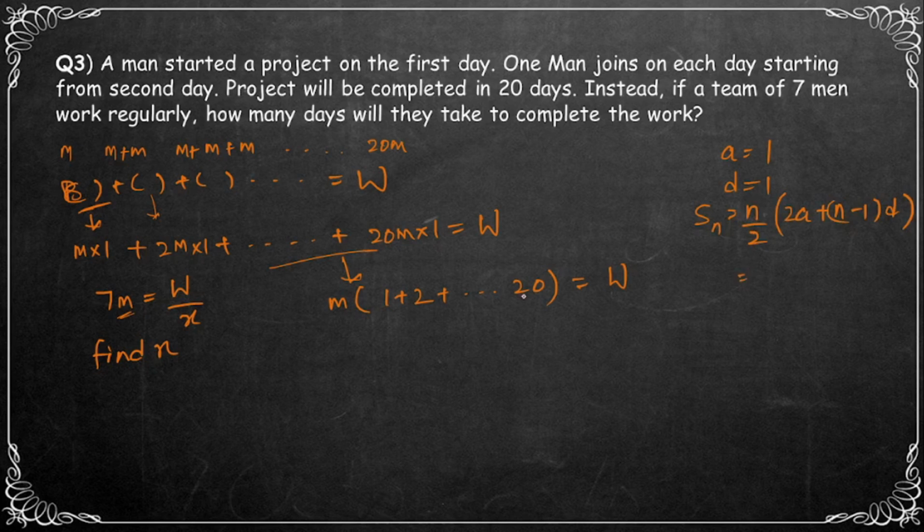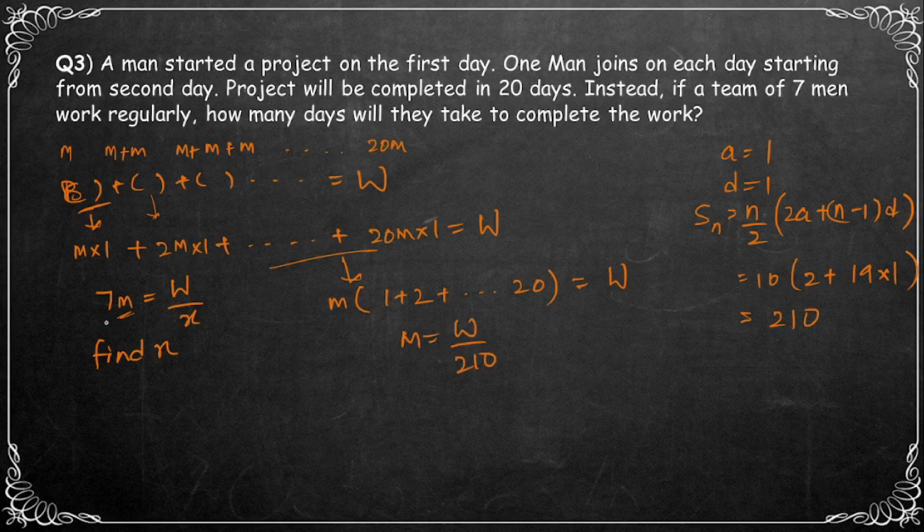So n is 20 terms. So 20 by 2 is 10. 2a is nothing but 2 into 1, 2, plus n minus 1, it is 19 into 1. So it is 21 into 10, 210. So M is equal to W by 210.